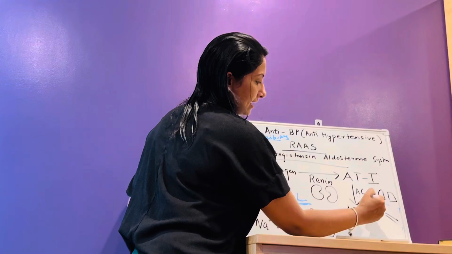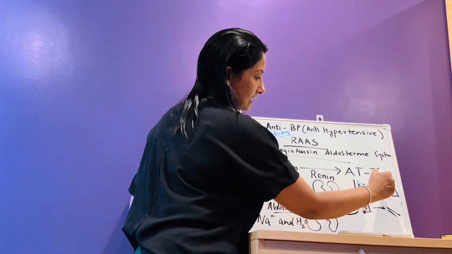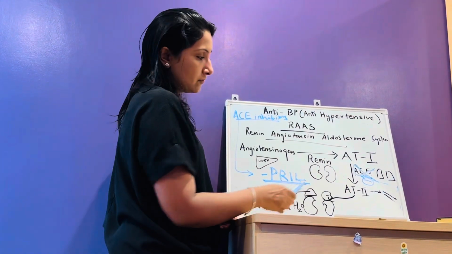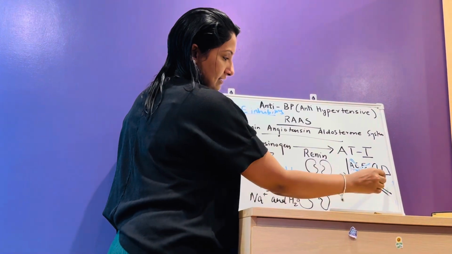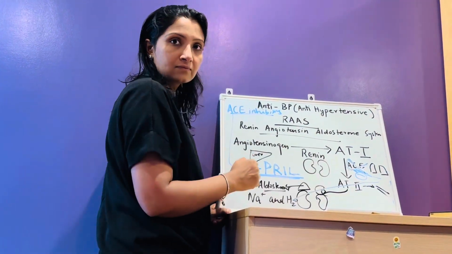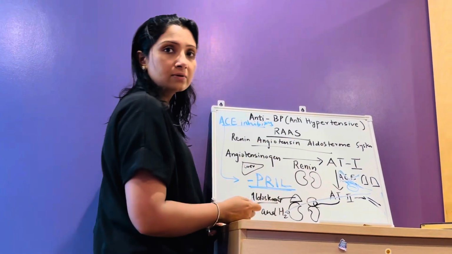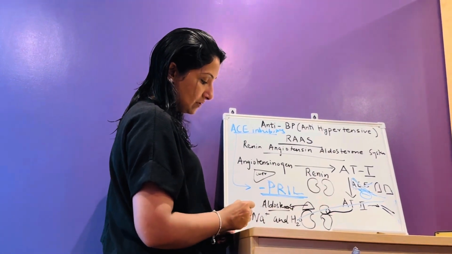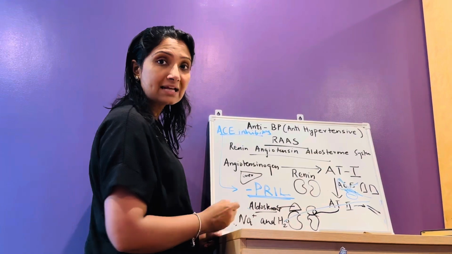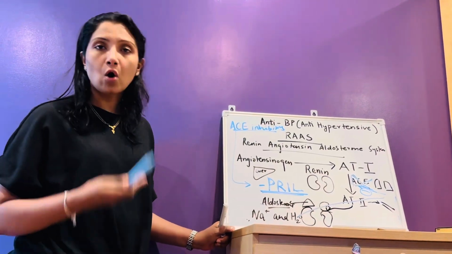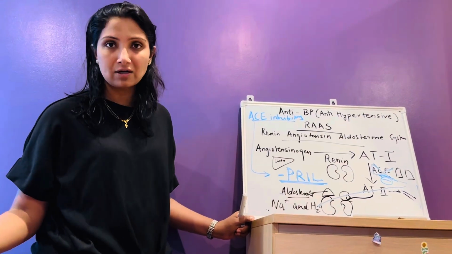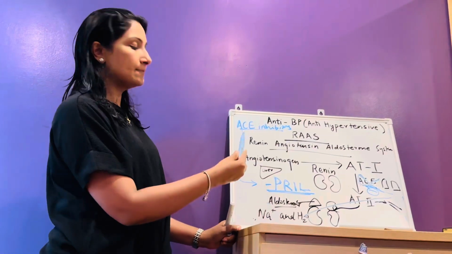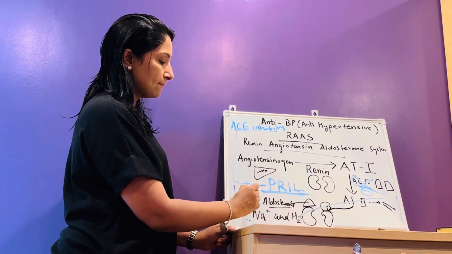They are inhibiting this enzyme, and therefore the steps below that are not happening. So angiotensin 2 is not produced, aldosterone is not produced, and therefore instead of sodium and water retention, there is loss of sodium and loss of water, and it will help in bringing down the blood pressure.